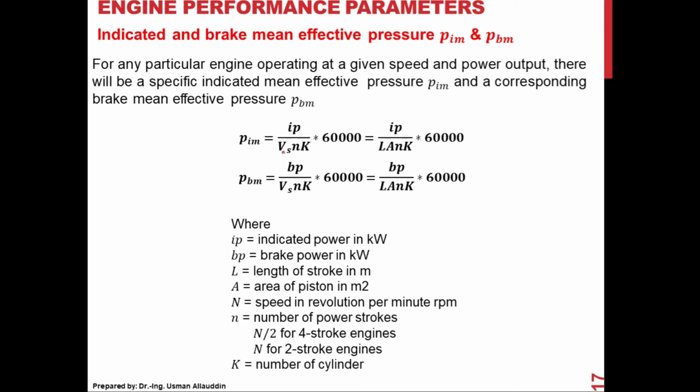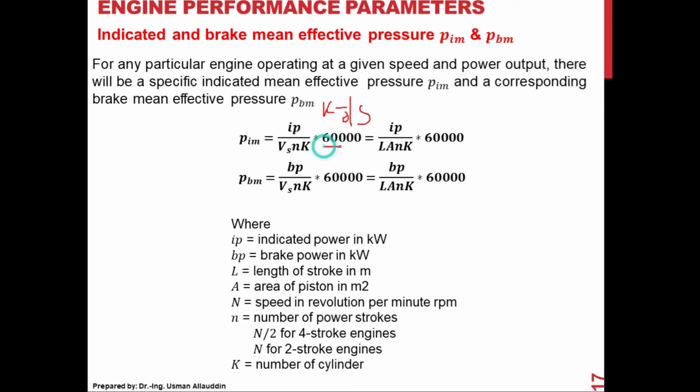So swept volume should be multiplied by the number of cylinders to get the total swept volume. And since we have the indicated power in kilojoule per second, you should also have a unit of per second. So we have multiplied with n, and n is the number of power strokes. It will be equal to N by 2 for 4-stroke engines and equal to capital N for 2-stroke engines.